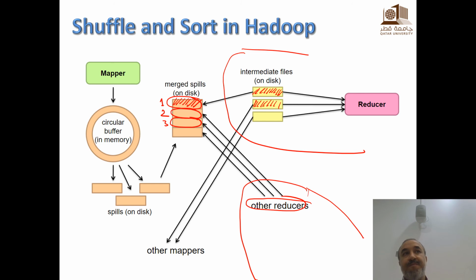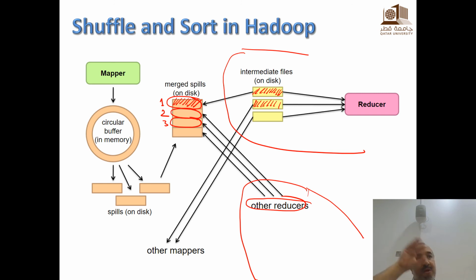Okay? One more question. We said each key is associated with a reducer. Each key will be assigned to a reducer by the partition function. What happens if this reducer fails? Same thing that happens when the mapper fails.